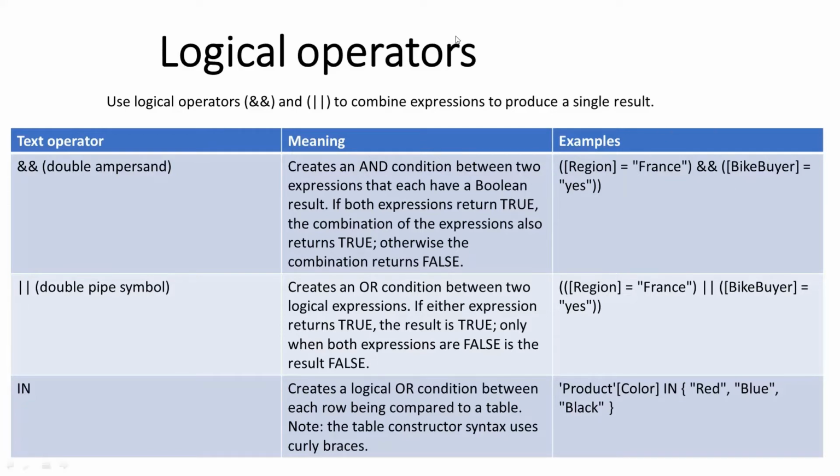In a similar manner, the second expression will also evaluate to either true or false. But if you want to combine them, you can use the AND operator. Based on the AND operator, the combination of both expressions will now yield the final output, that is the single result of both these expressions, either true or false.